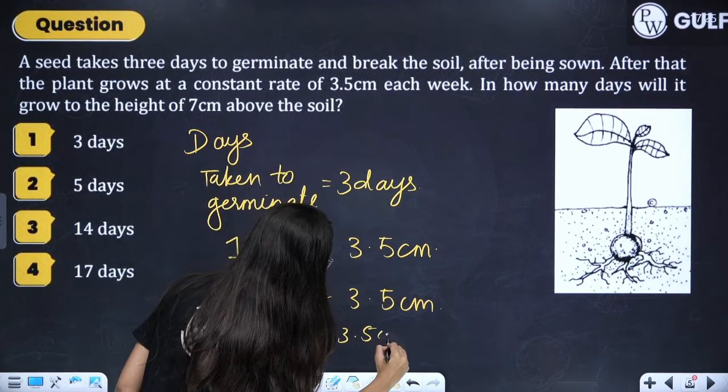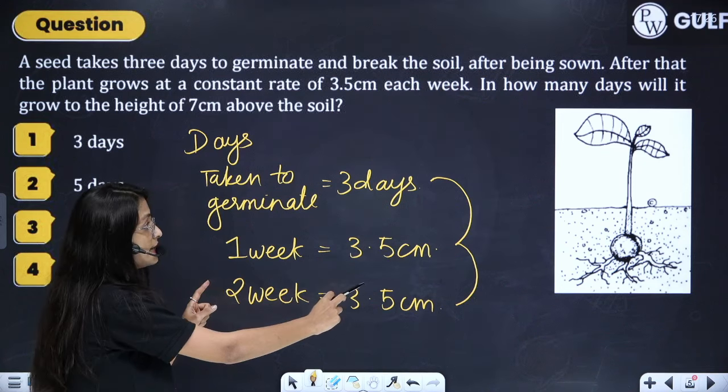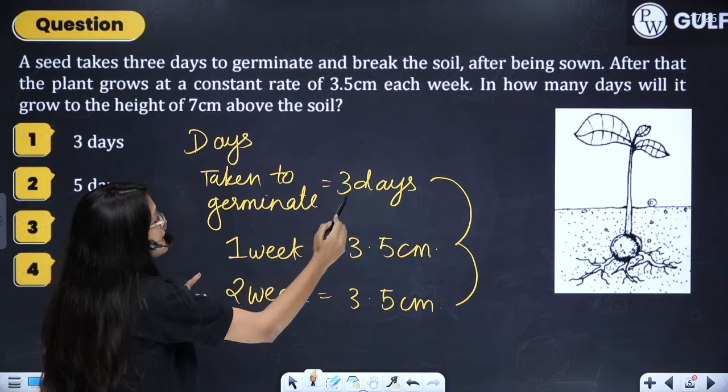So from this we can say that 3 days plus 3.5 plus 3.5. That means we do not need to see the third week. Here we can see the result in the second week itself. That means it is taking 2 weeks to grow 7 centimeters, and it is taking 3 days to germinate.